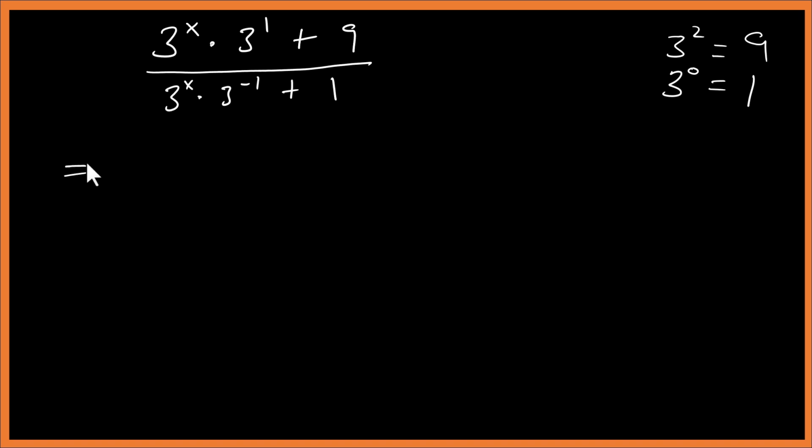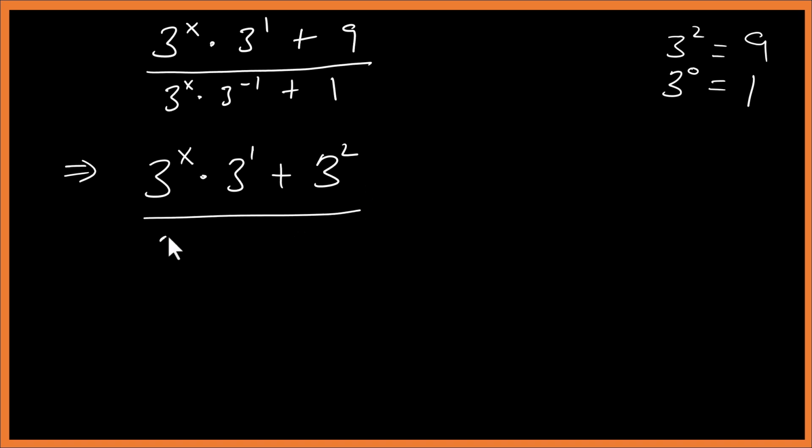So we have 3^x times 3^1 plus 3 squared, that is 9, on 3^x times 3^(-1) plus 1, which is the same as 3 to the power 0.